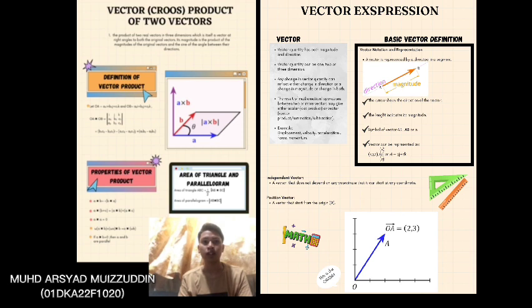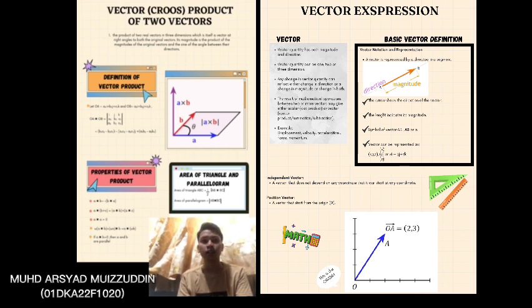For example, let OA be A1i plus B1j plus C1k, and OB be A2i plus B2j plus C2k. To calculate OA cross OB, you can see the slide.